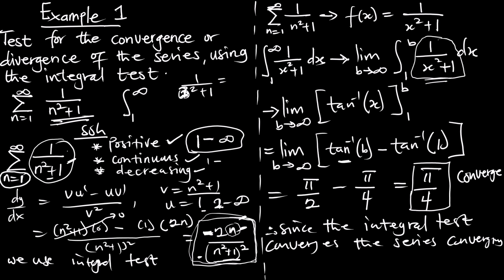This pi on 4 is not necessarily the sum of the series 1 over n squared plus 1, where n is 1 to infinity. This is not the value. But since it is converging to a single value, then the whole series converges. Now let's go to our example 2 and see how best we can solve that.